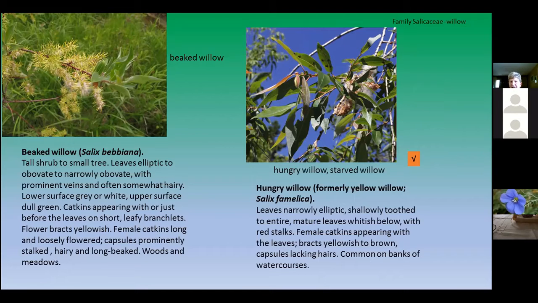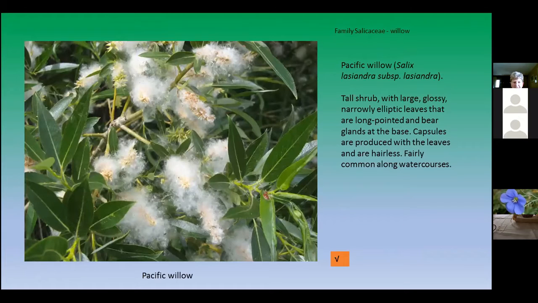So I actually found a few specimens along the edge of the river, but nowhere else. So if anyone has a plot close to the river, it's a possibility, but I don't think you'll come across it in the interior. And also by the river edge, one example of Pacific willow, which is a beautiful willow with these large, glossy, deep green leaves.